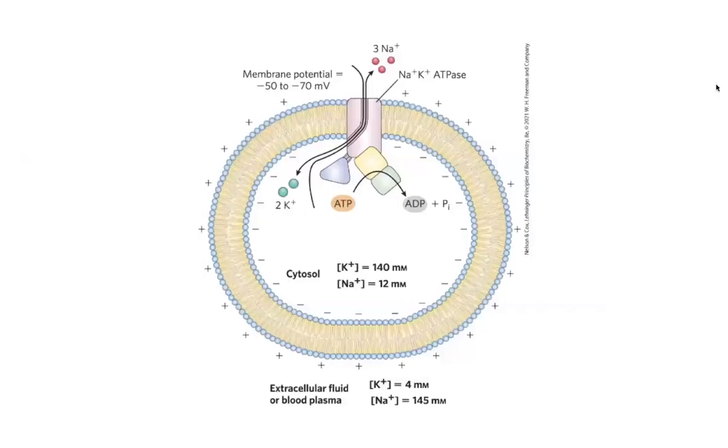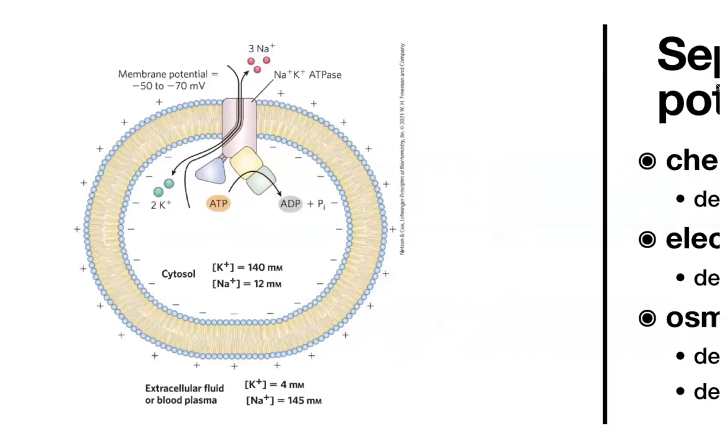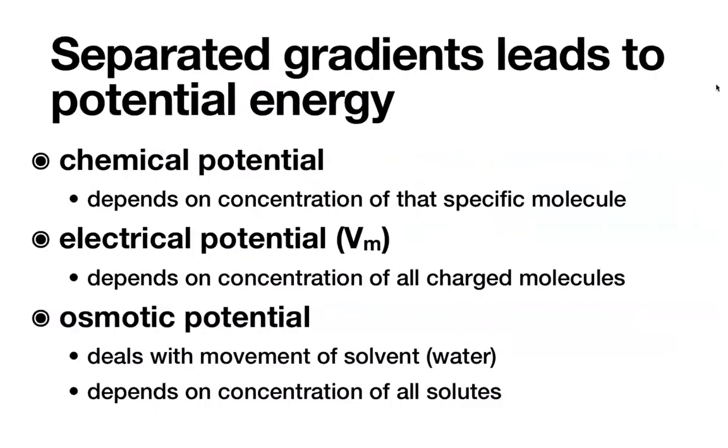And we're going to see how we can use energy and various transporters, all these different strategies, in order to maintain gradients and maintain what we call potential.